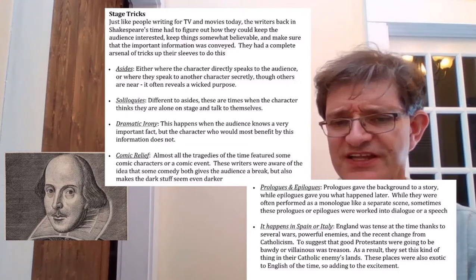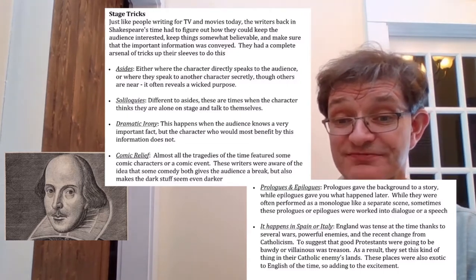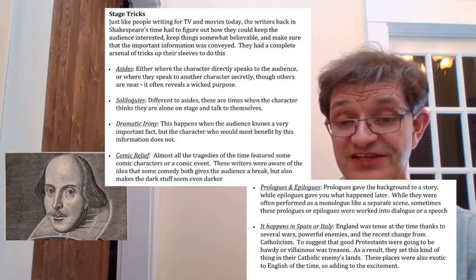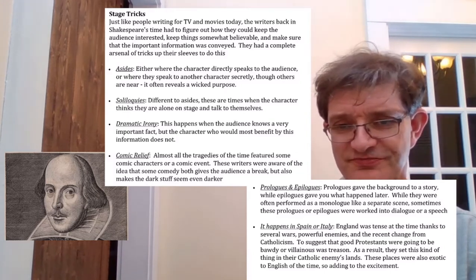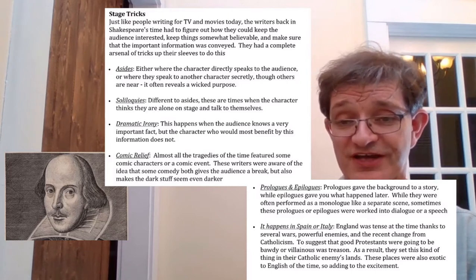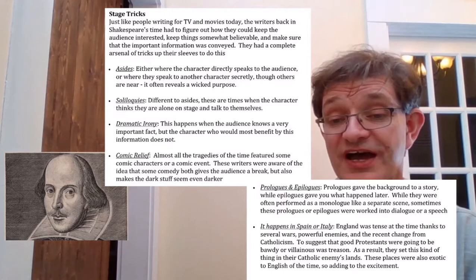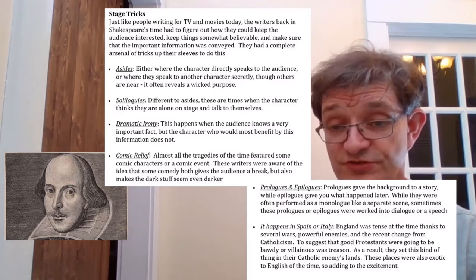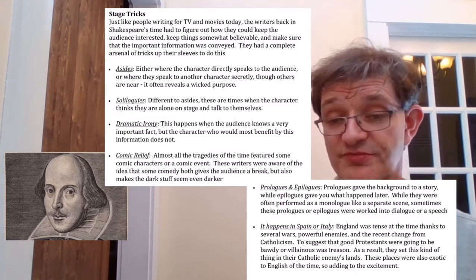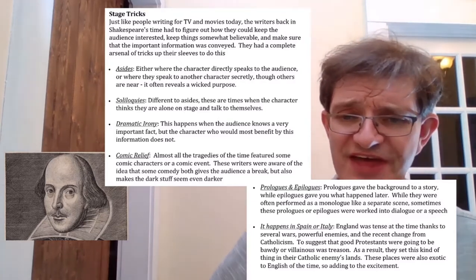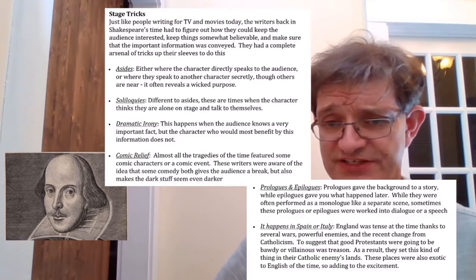And finally, it happened in Spain or Italy, or maybe France. Britain had become a non-Catholic country, because, coming from where I'm from, there are Catholic countries and there are non-Catholic countries. Britain had become Episcopalian, as you'd call it, Anglican, as some would call it, but it was really Church of England is what they called it. And that meant that all the Catholics were wrong and evil and terrible.